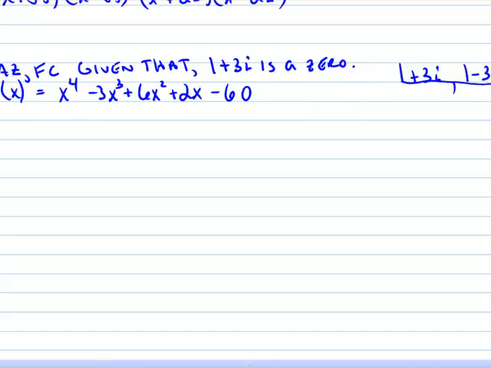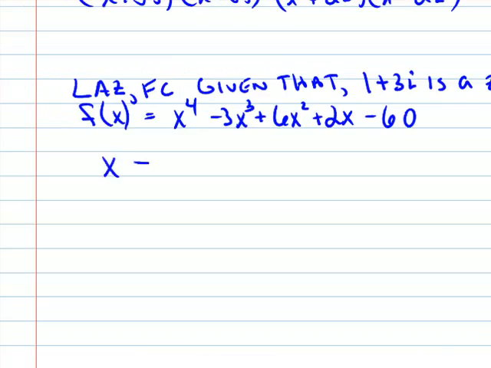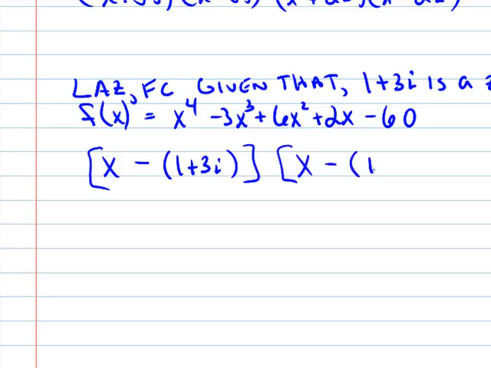That means that x minus 1 plus 3i is a factor, and I know that x minus 1 minus 3i is a factor, right? Because if I knew 5 was a 0, x minus 5 is a factor, right? If I knew fire truck was a 0, x minus fire truck is a factor. If I knew 1 plus 3i is a 0, x minus (1 plus 3i) is a factor.